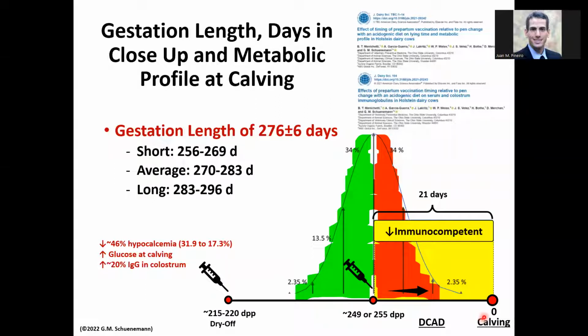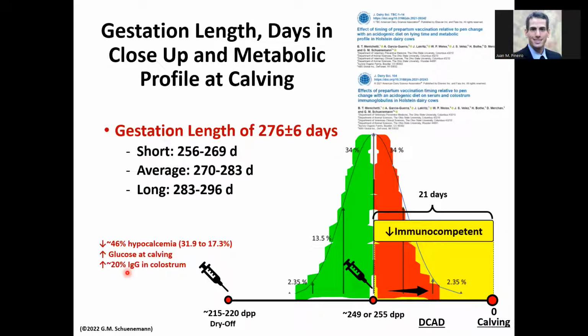You need energy for parturition, and energy for parturition will determine whether or not you're going to have dystocia, right? And also you need glucose, because getting the immunoglobulin from blood into the mammary gland and colostrum is an active process. You need more energy, right? And this is why when we do that, there's a major increment in immunoglobulin in colostrum, right?